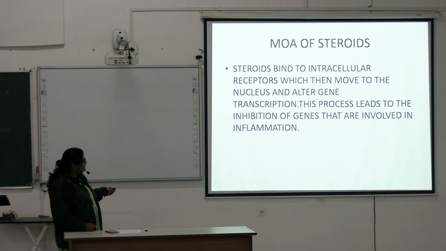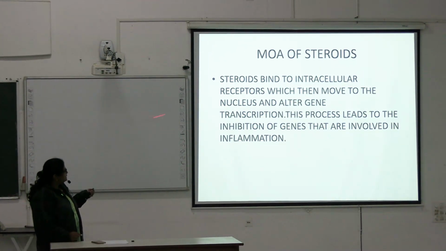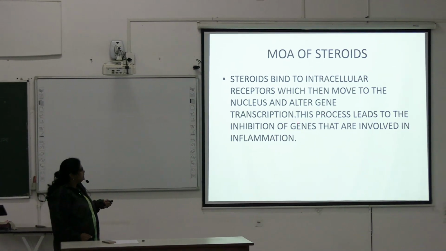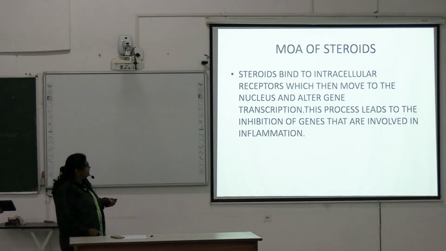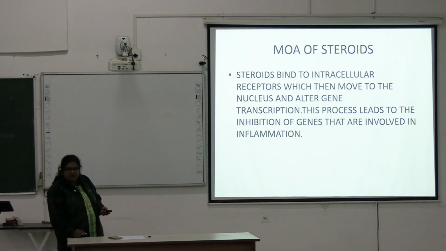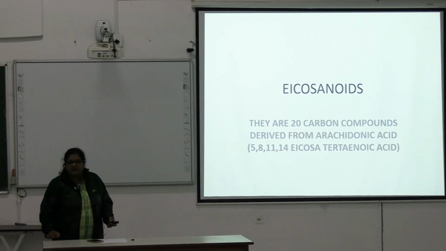So how do steroids act? They bind to the intracellular receptors and move to the nucleus and alter the gene transcription, and this process leads to inhibition of genes that are involved in inflammation, and this way steroids act in inflammation. Okay. If you have any doubt, you can ask.